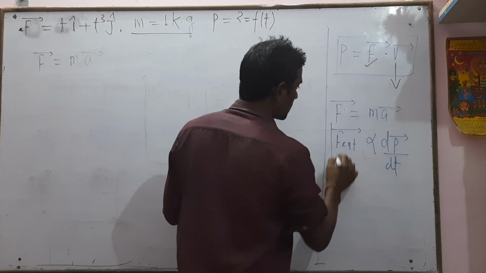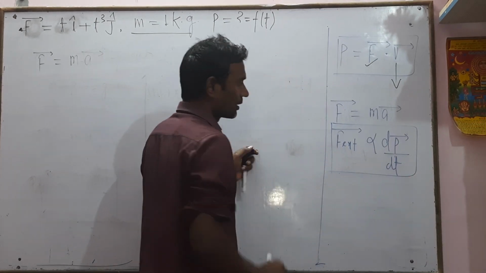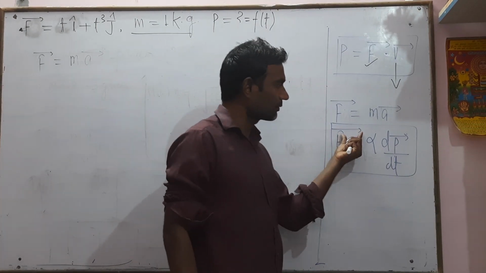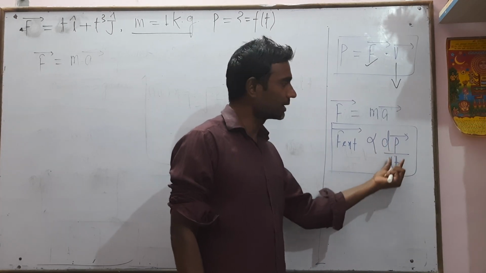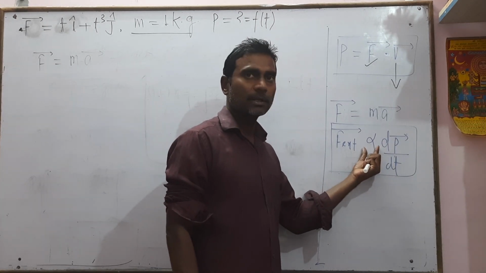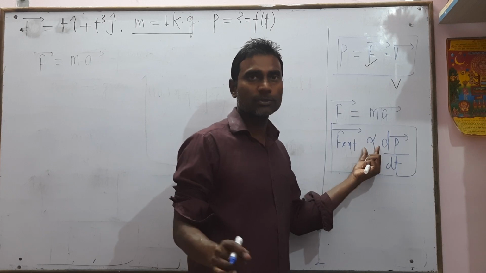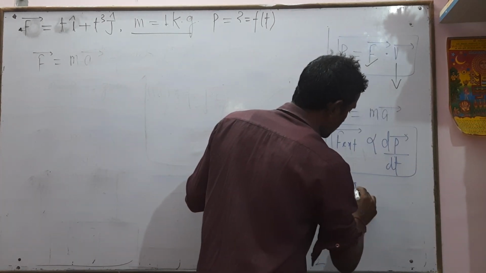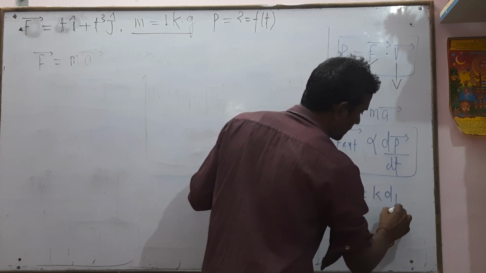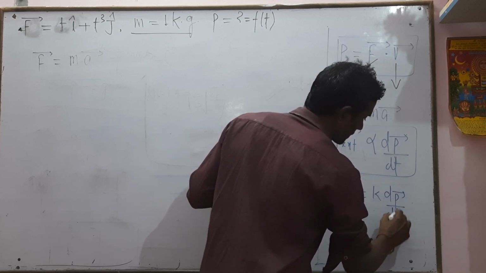This is Newton's second law. F external vector is directly proportional to d by dt of p vector. Removing the proportionality, F external equals k times dp upon dt.